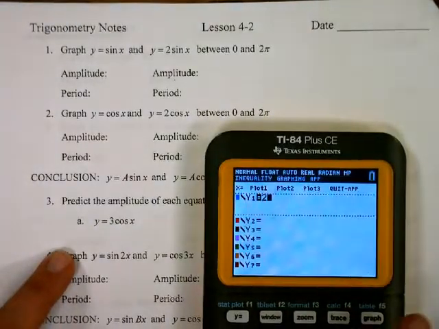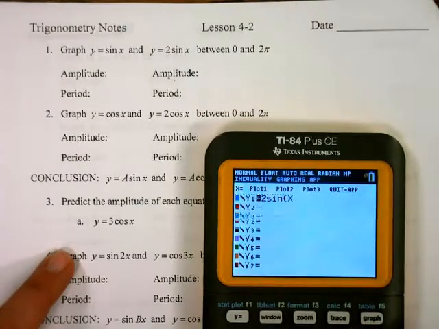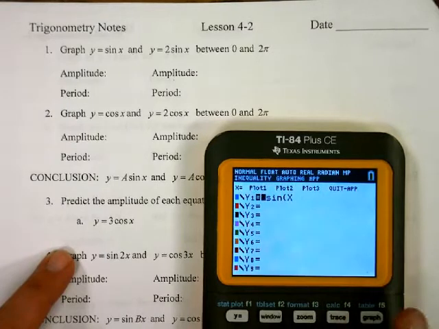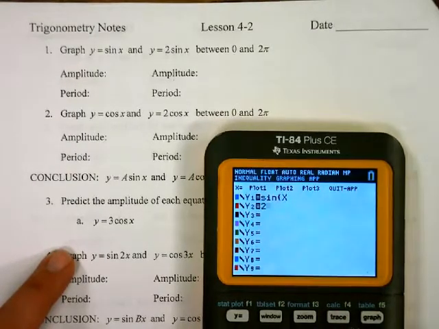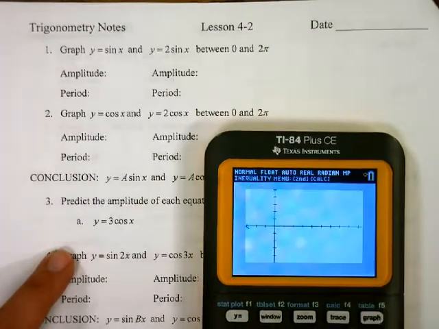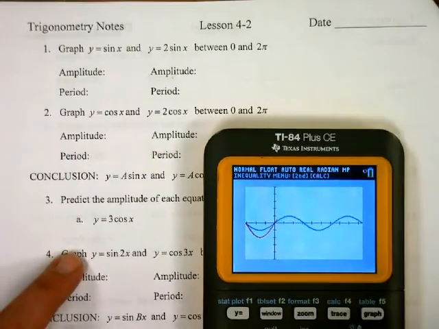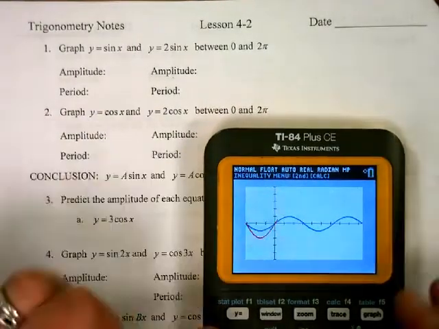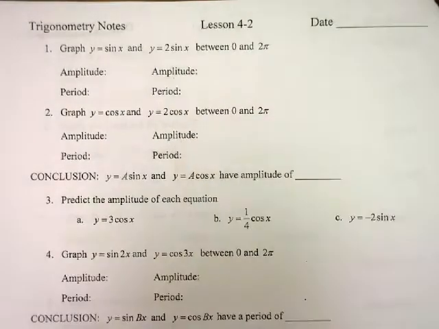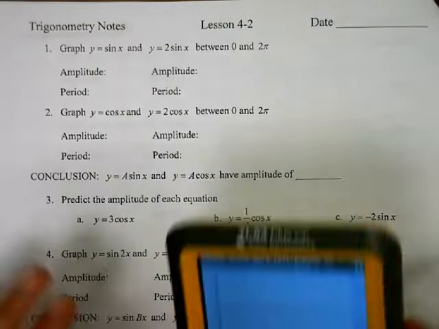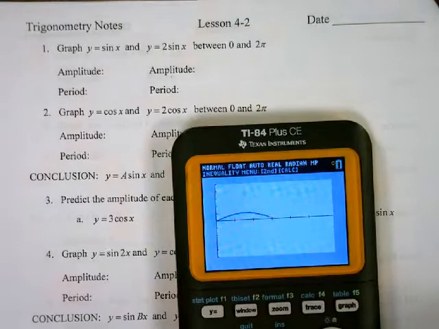Okay, so we'll put sine of x in my calculator, and then 2 sine of x. Okay, so there's my first graph. That's the one we did before. So 0 to 2 pi is technically from there to there. Maybe I should change my window. So there's 0 to 2 pi.